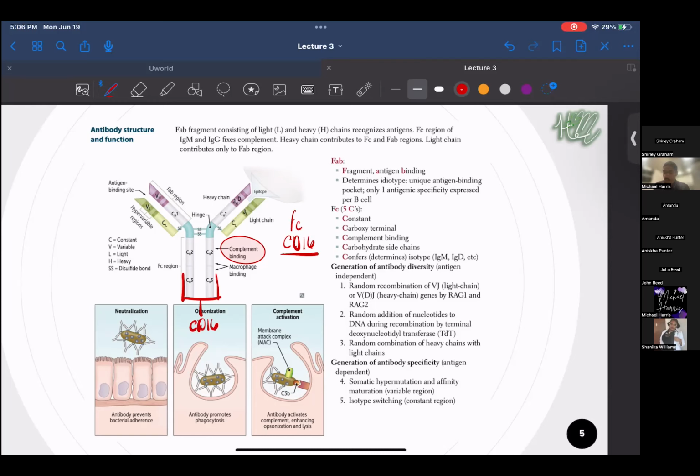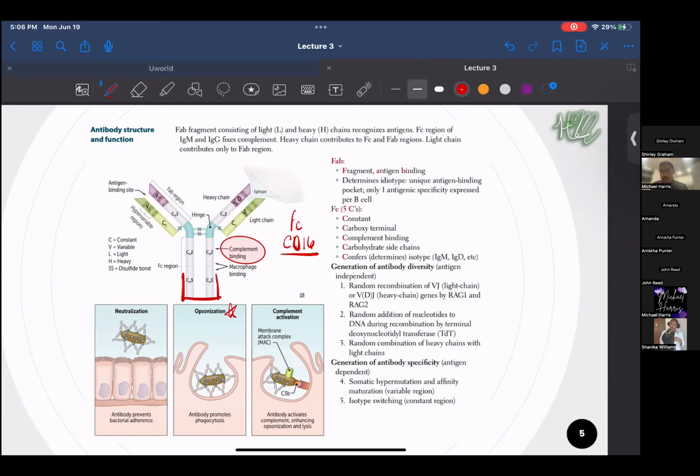Now, they do that via one of these ways known as opsonization. Opsonization is essentially just taking a microbe, whatever microbe it is, and making that microbe more attractive for the macrophages and phagocytes to eat them.